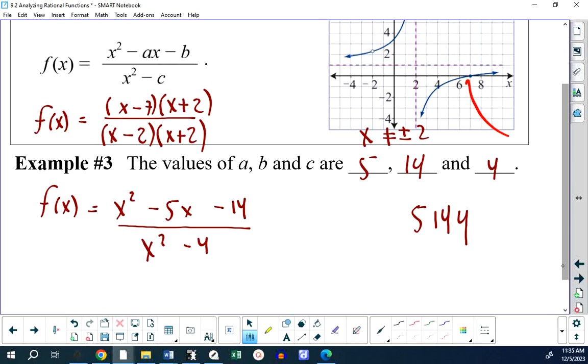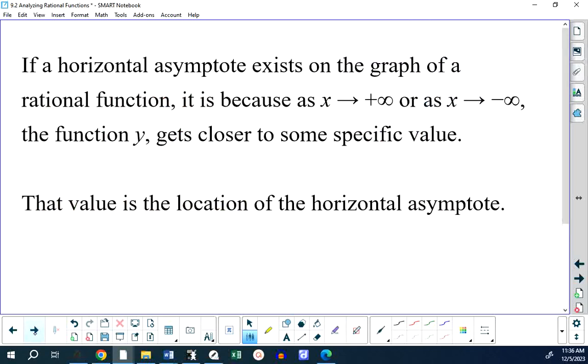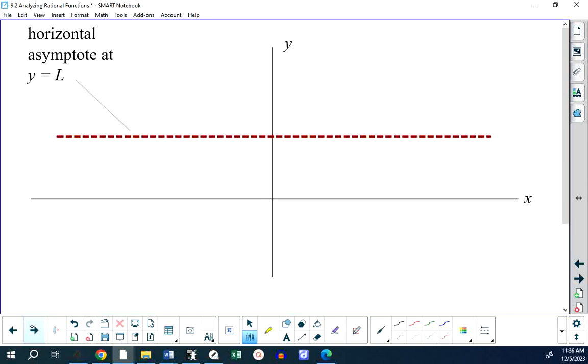But there's one more piece of the puzzle, and it's horizontal asymptotes. So why do we get a horizontal asymptote? Let me sketch a graph for you. There's a horizontal asymptote, and I just sketch a graph, and the graph maybe looks like this.